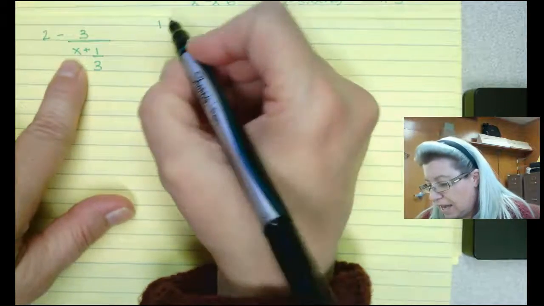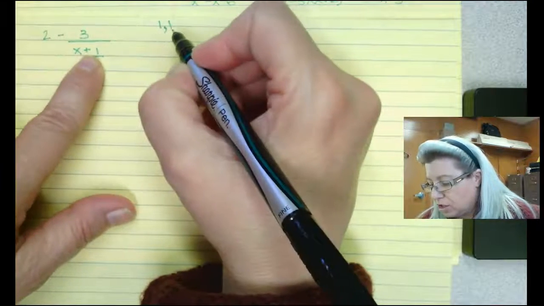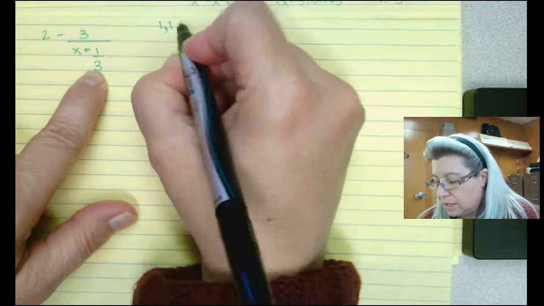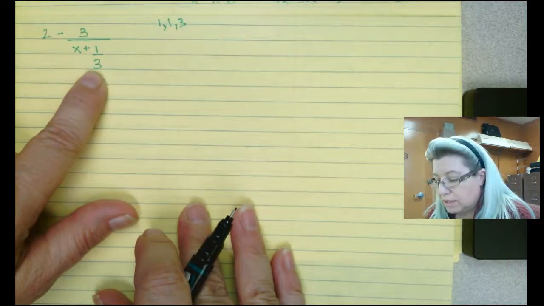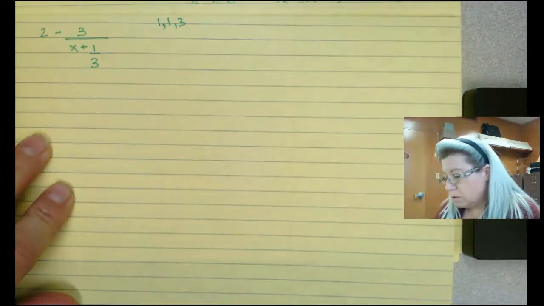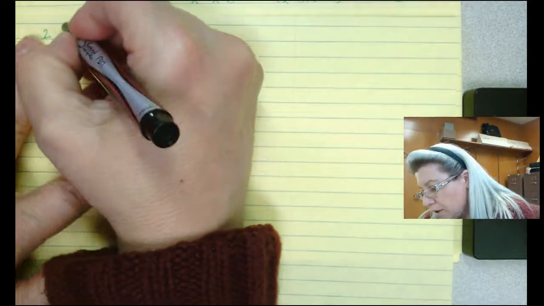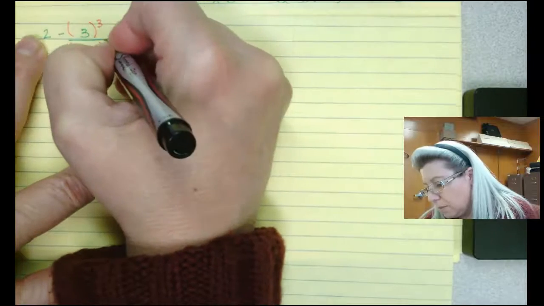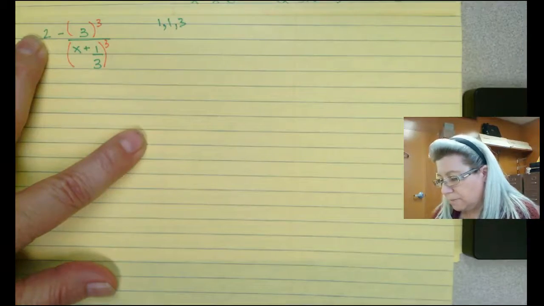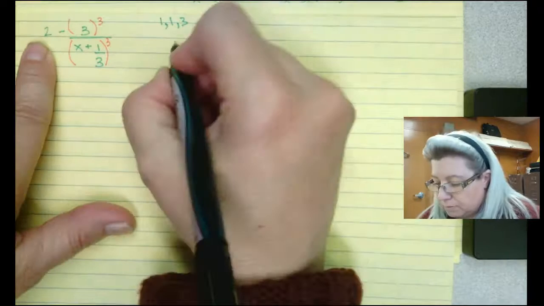The denominator of x is 1. And the denominator of the 1/3 is 3. So what is the LCD of 1, 1, and 3? Well, it's 3. So I'm going to multiply the top number by 3 as well as the bottom number by 3. Not worried about the 2 yet.